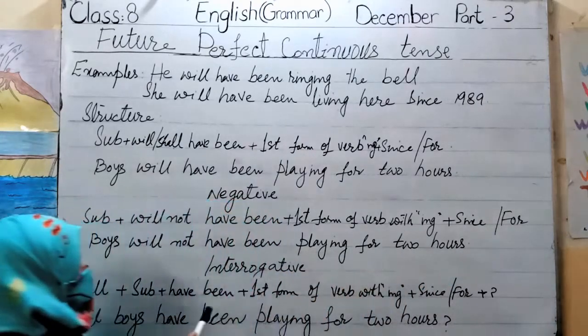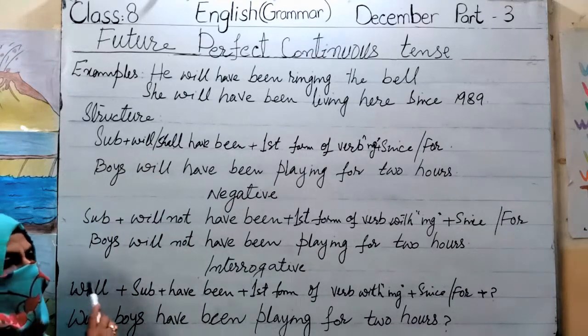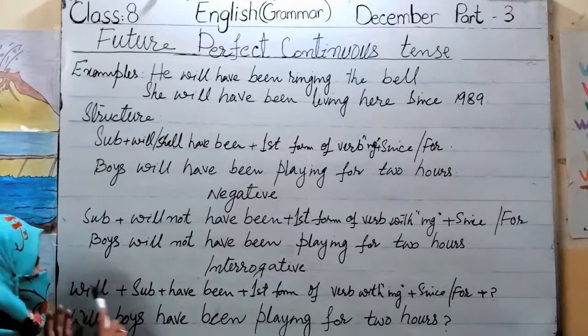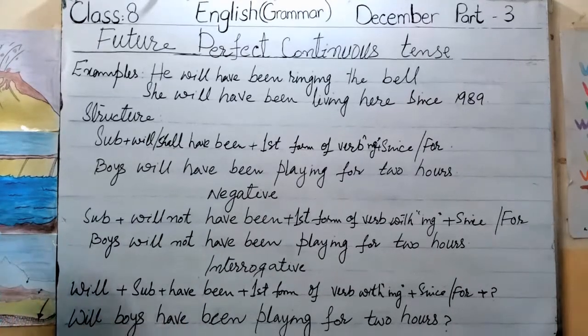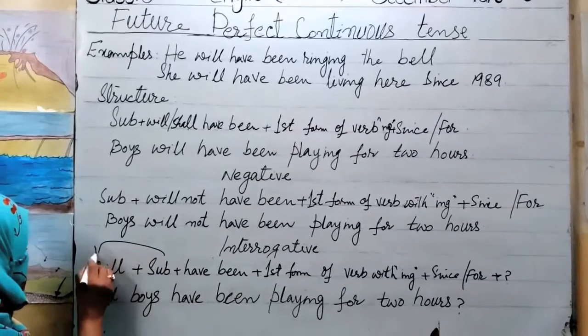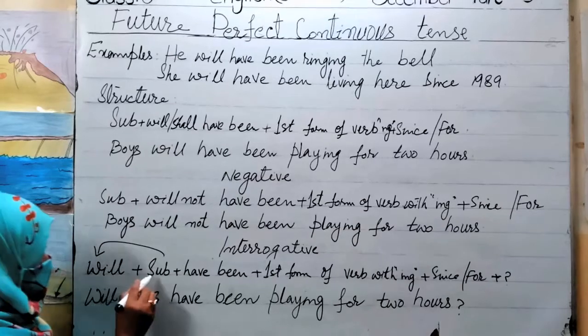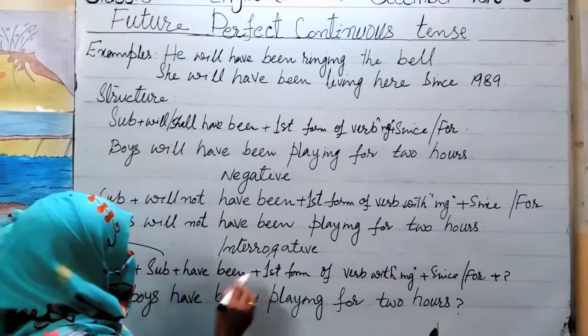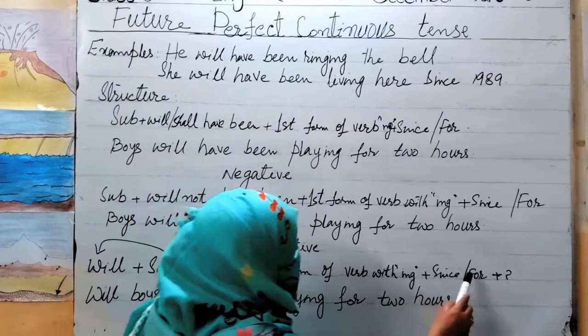Let's see the next structure. How will you change it into interrogative? First of all, at the beginning of the sentence, before the subject, you will write will or shall. Then subject, have been, first form of verb with ing, since or for.